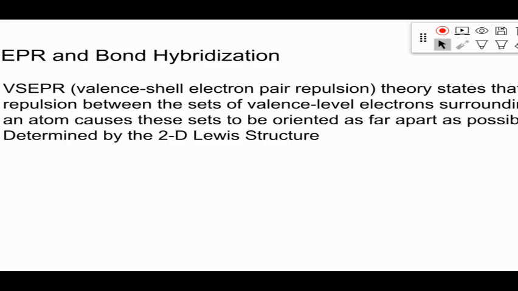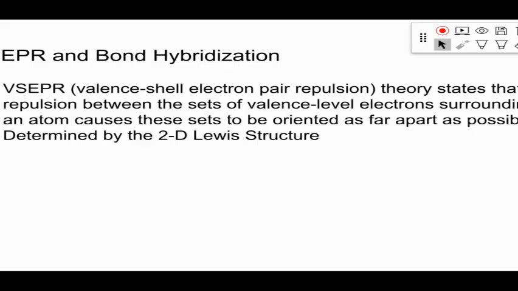One of them is what we call VSEPR, and that is an acronym for valence shell electron pair repulsion theory. And VSEPR just means that once we draw the Lewis structure, we look at the number of shared and unshared valence electrons. And what happens is, because electrons are all negative, they're going to have some repulsion.